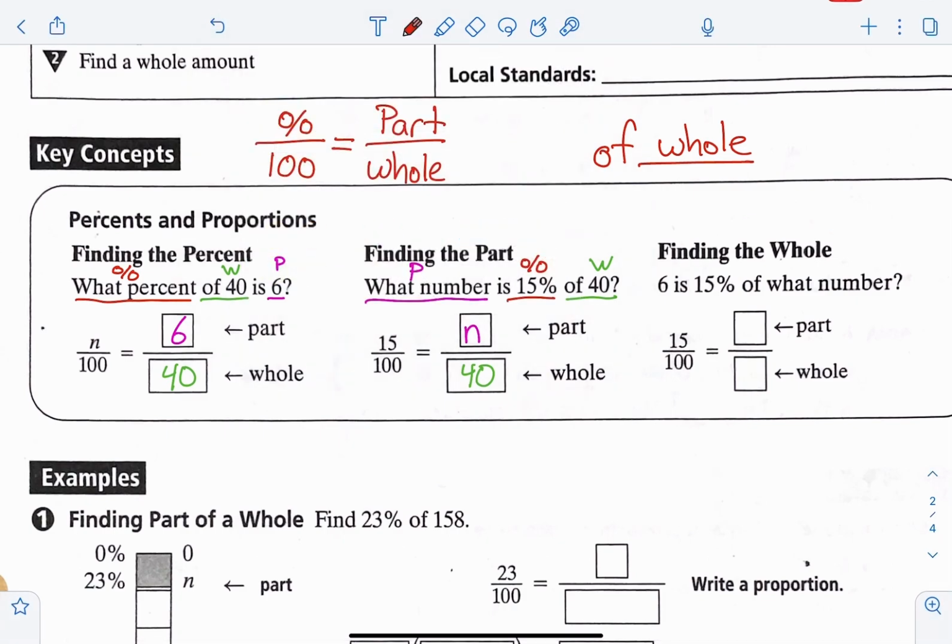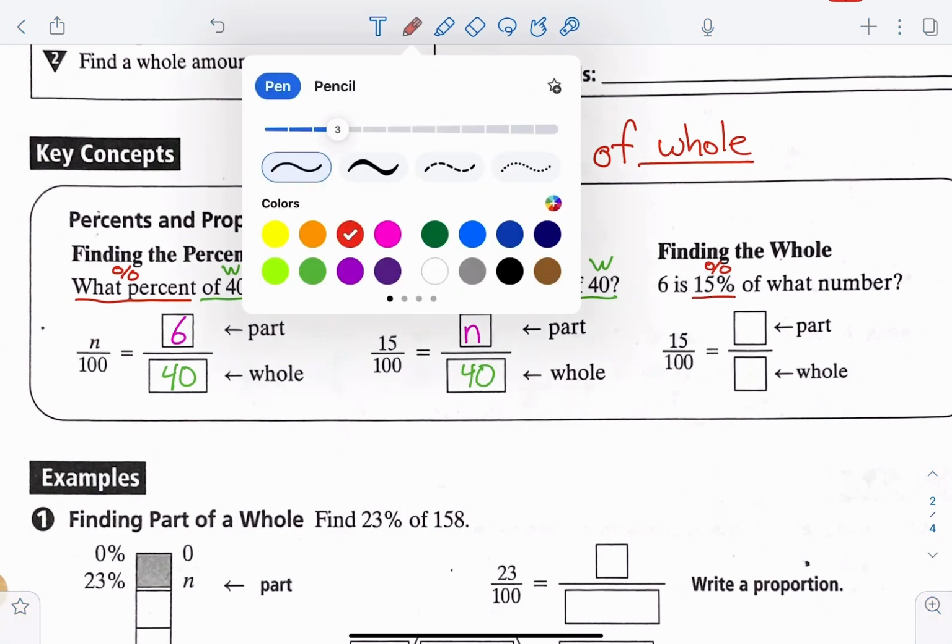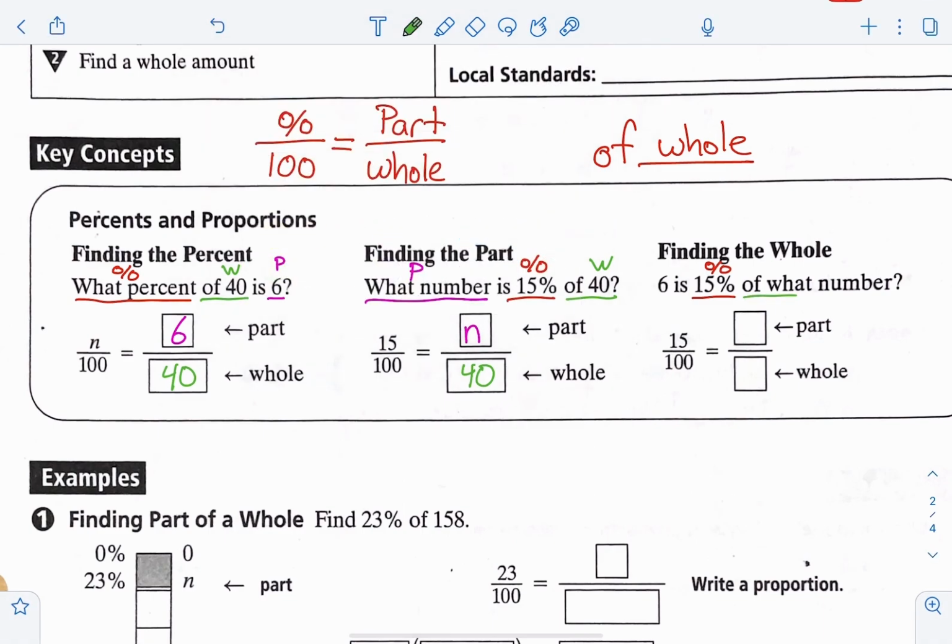And then for this last one, it says 6 is 15% of what number? So we have 15%, so we know that's our percent. It says of what number, so "of" means that what number is going to be our whole, which means we don't know our whole. And then we have 6 as our part, because that's what's left.